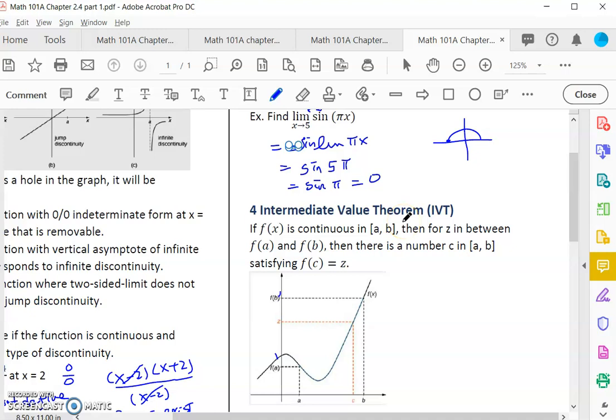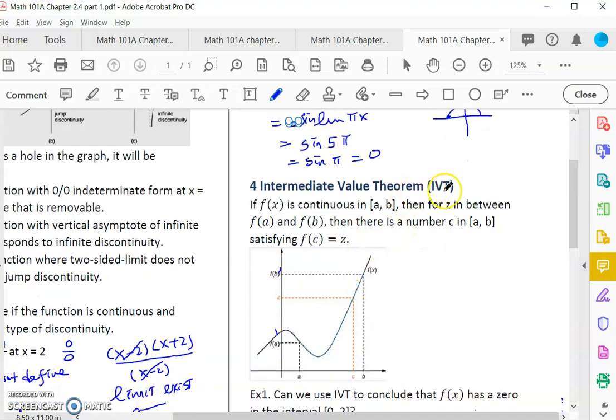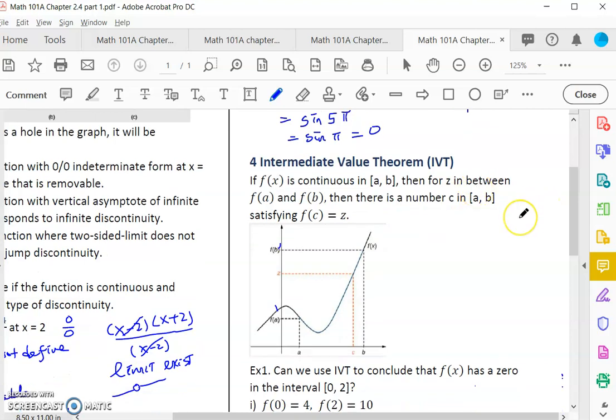Another theorem that is very useful is the intermediate value theorem, abbreviated as IVT. The intermediate value theorem is used to prove other theorems in calculus, ultimately the fundamental theorem of calculus. By establishing continuity, we can use the intermediate value theorem.